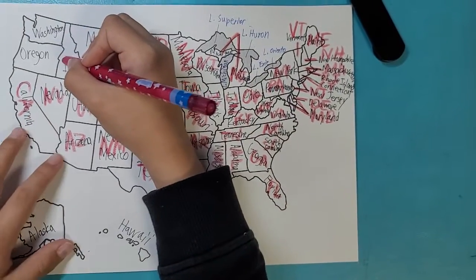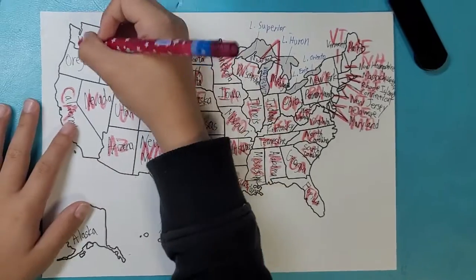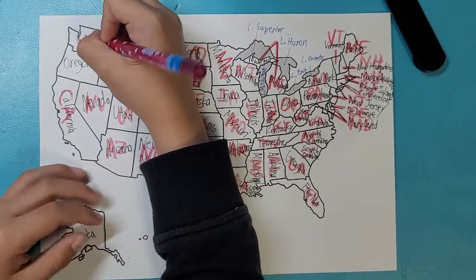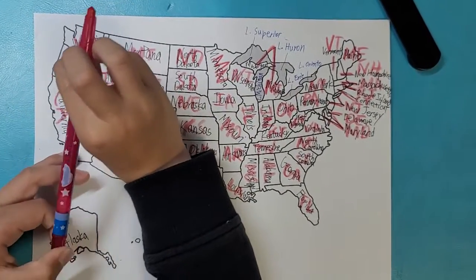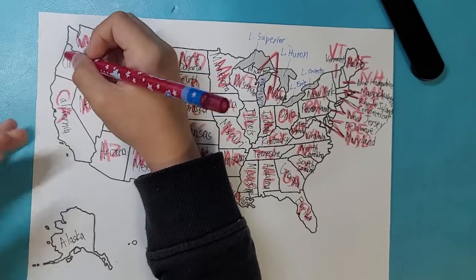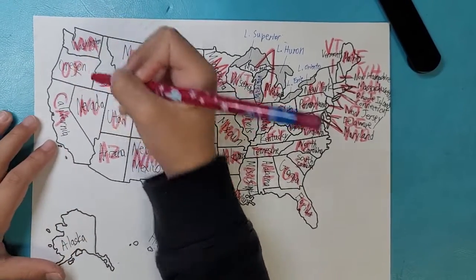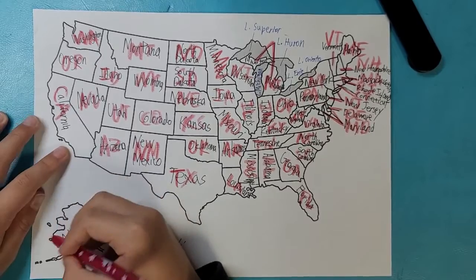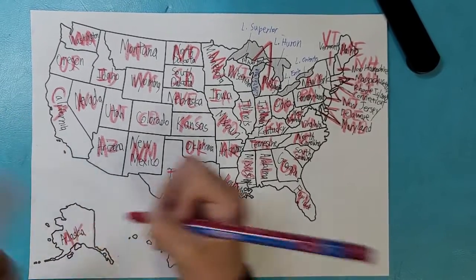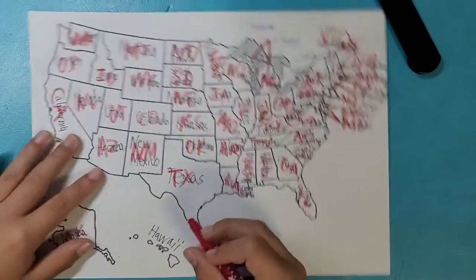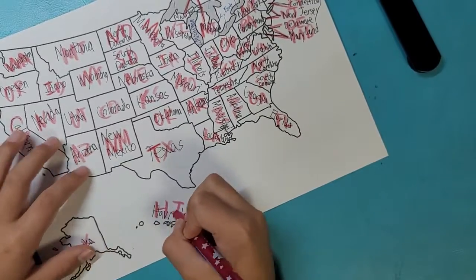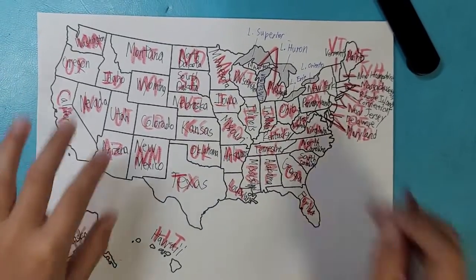Idaho's ID. Washington is WA. Oregon's OR. And Alaska's AK, and Hawaii's HI.